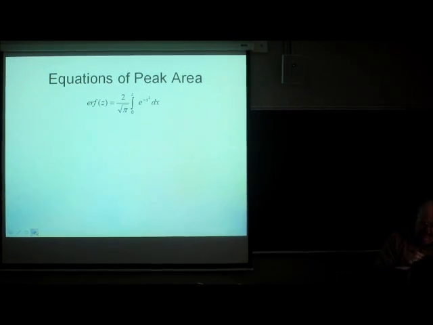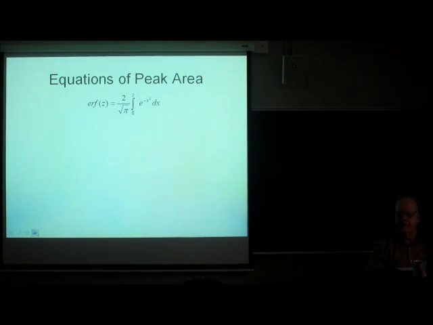So now we have to move on to a more important subject, and that's the area under the peak. So we have to integrate a function which is a Gaussian function, and that means that the argument of the exponential has the form minus x squared.